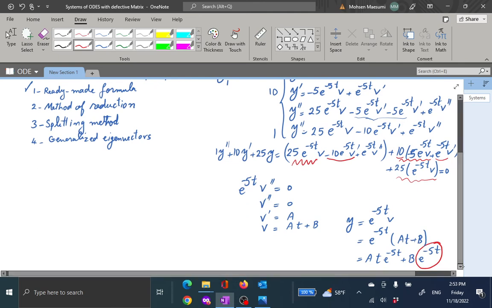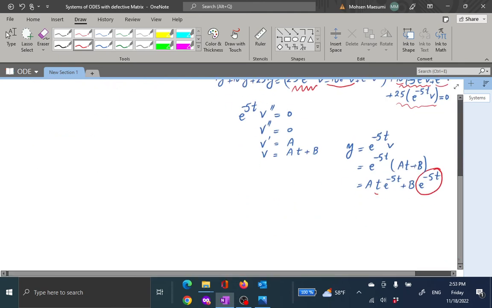What is the fruit of our labor here is this new function, t times exponential of minus 5t. And this is the appearance of that mystery t that we had at the beginning of the semester. We just gave a recipe that there is a factor of t that needs to be used when you have identical roots for your characteristic equation. You need a factor of t.